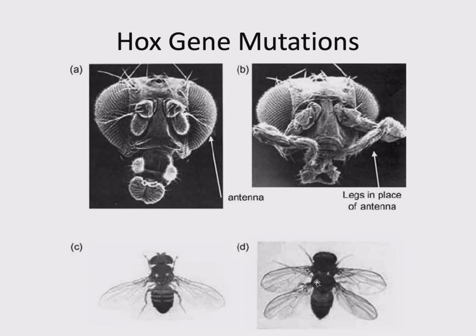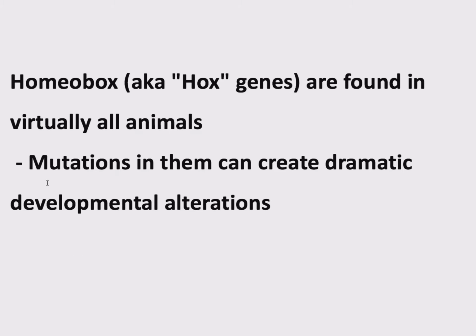Two sets of wings, just doubled up on this part of the body. So again, this is not just mad science, even though it looks like it. These experiments were done to understand the role of these in overall development. So my point here is mutations in these Hox genes or in the expression of them can result in dramatic developmental alterations, because that's what they do.